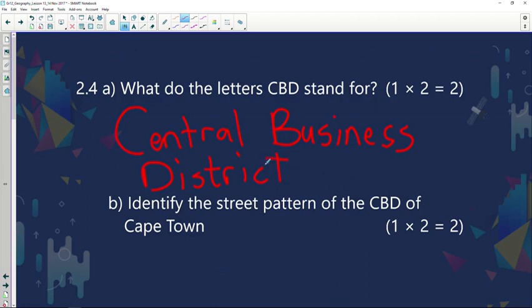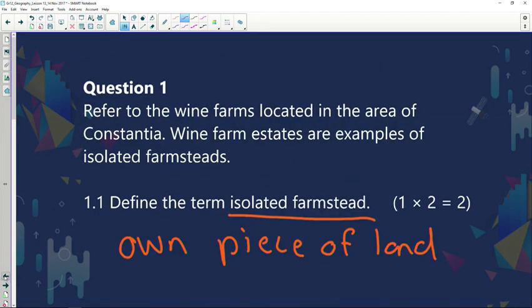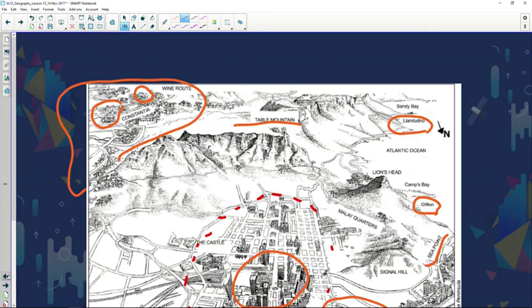Question number B, identify the street pattern of the CBD of Cape Town. Now we've looked at the street patterns when we discussed settlement of urban areas. Now, if you look at the diagram, it's a dead giveaway. If you look at the street patterns over there, many one-way streets, and it looks like a gridiron.